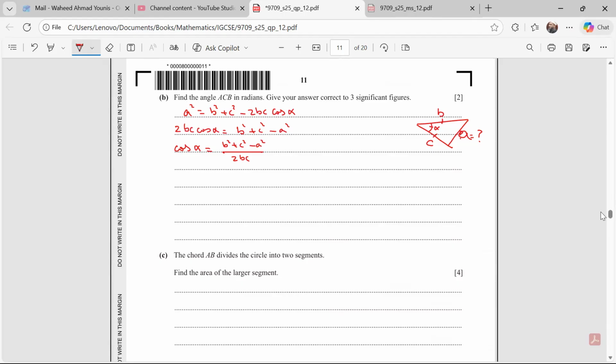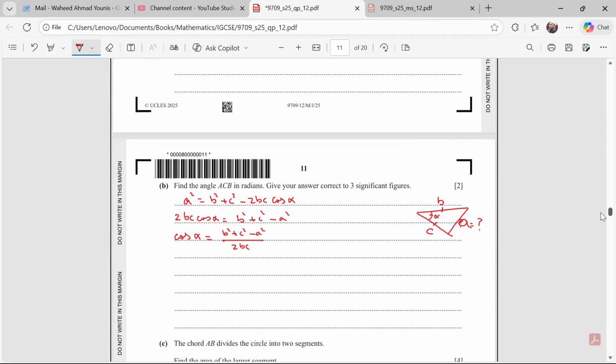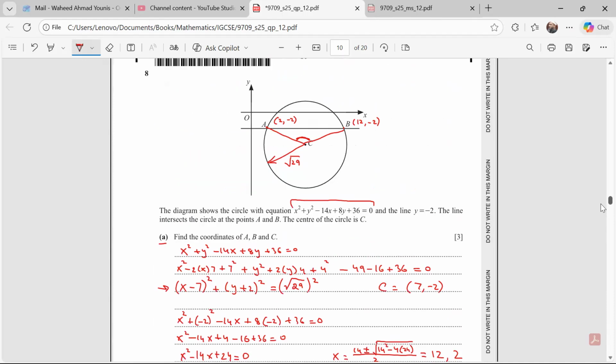Now you see in our situation, this angle I will call alpha, right? This side and this side, we know both are square root of 29. And this third side is 12 minus 2, so this is 10.